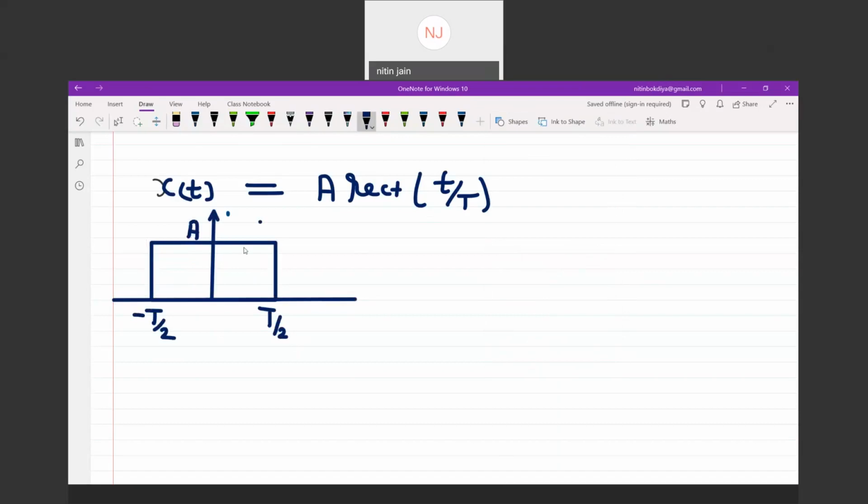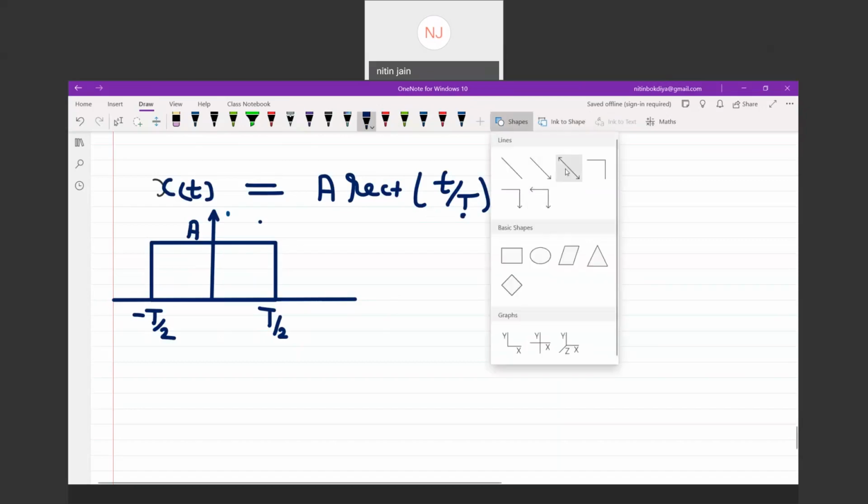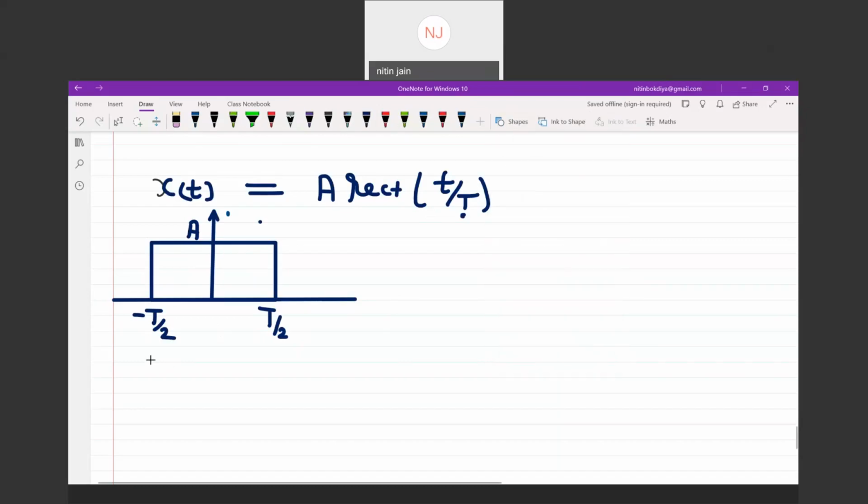Suppose I want to draw the Fourier transform of this function. Whatever the width is, the area is this width into a. The width of this function is T. Keep this in mind, this is a very important point. Some people get confused here, but you have to remember this. Divide that width into two parts, half and half, and you will get the answer.